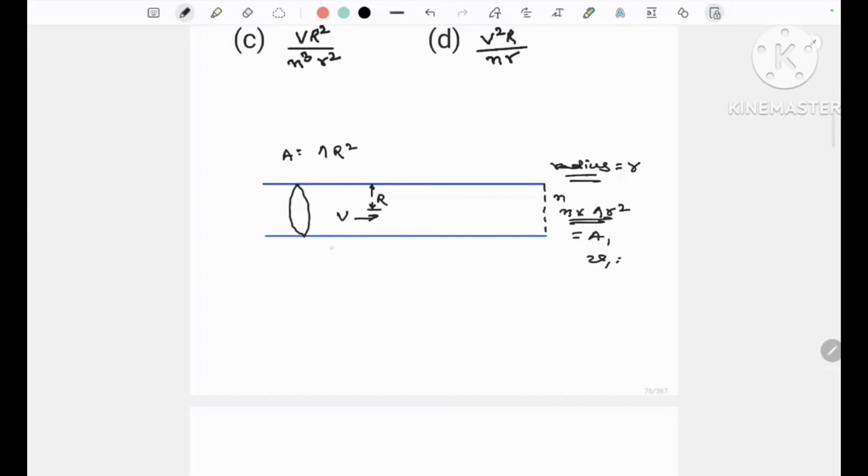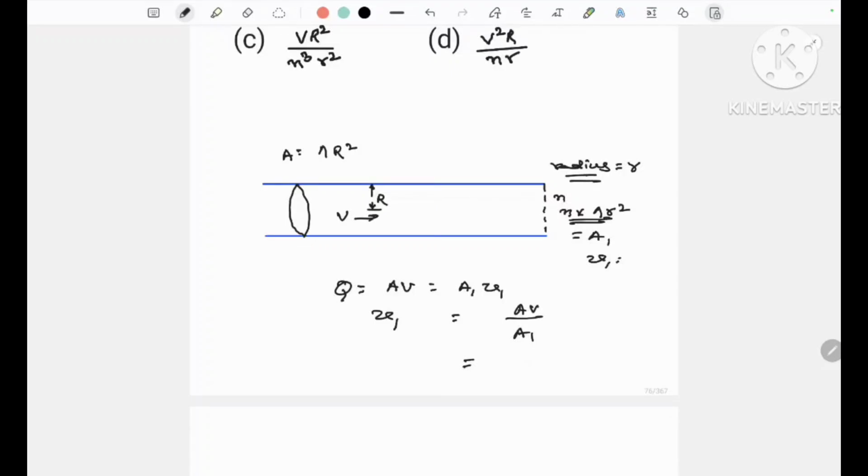As per continuity equation, Q is AV is equal to A1 V1 and V1 is equal to AV by A1.